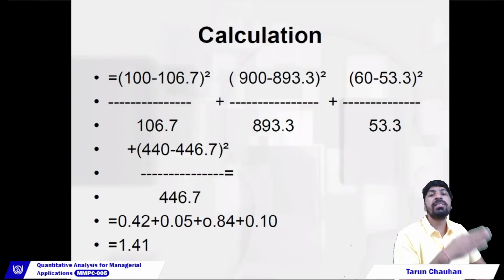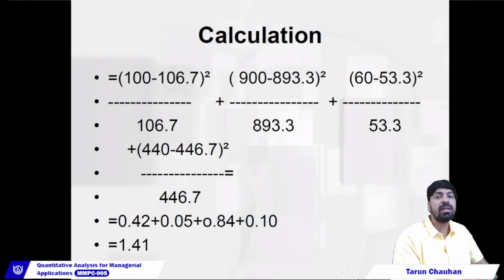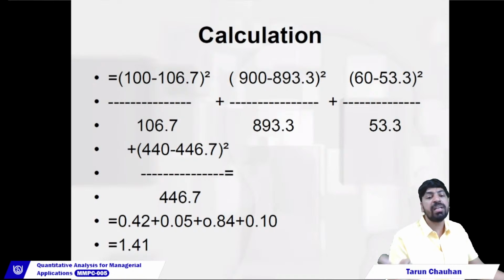Then the second observed, 900 minus 893.3 whole square divided by expected frequency, and so on. You will get the calculated chi-square value, that is 1.41.